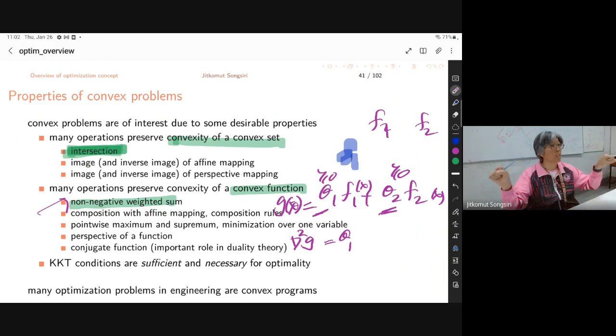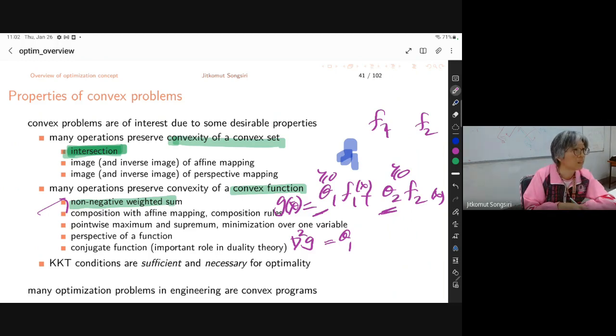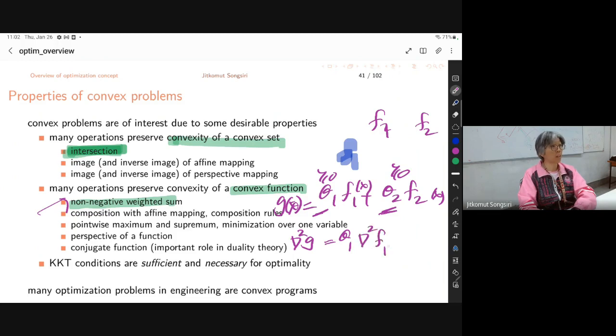You have two functions, make a sum. Find the second derivative. Theta is just a weight, it's just a scalar. So the Hessian of g is theta 1 times the Hessian of f1, plus theta 2 times the Hessian of f2.